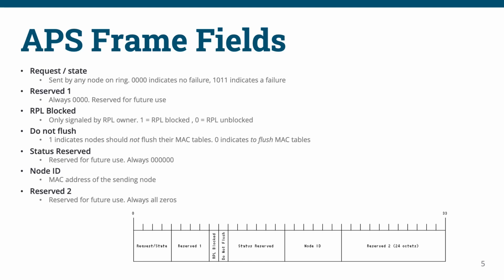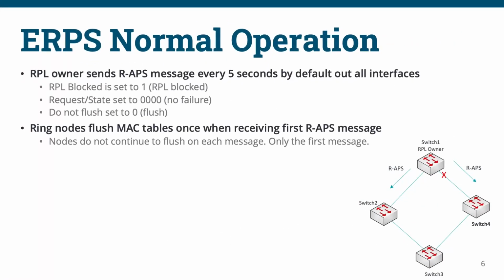Now that we have a good sense of how the RAPS messages are structured, let's review how switches use these messages in ERPS operations. During normal operation, the RPL owner is the only node sending RAPS messages.